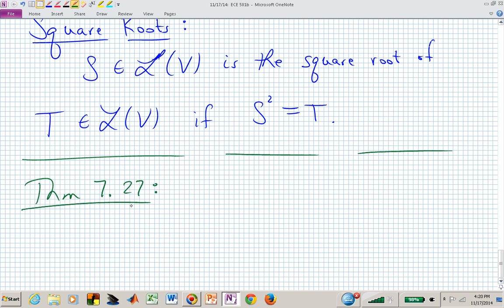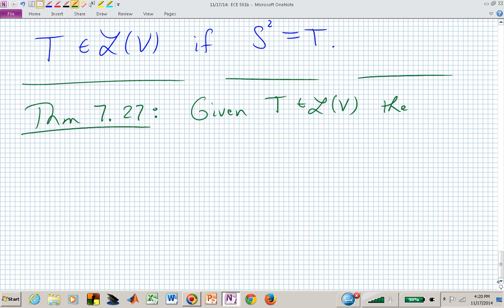Now let's look at a theorem before we give some examples. Theorem 7.27. Given a linear operator T, then the following statements are equivalent.